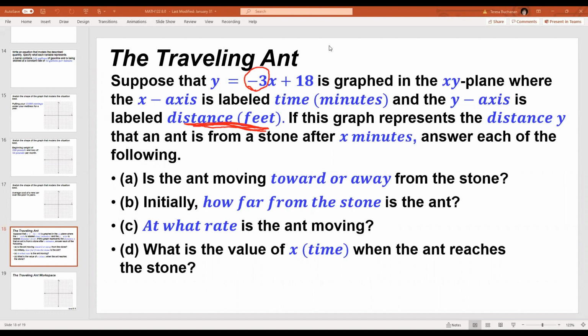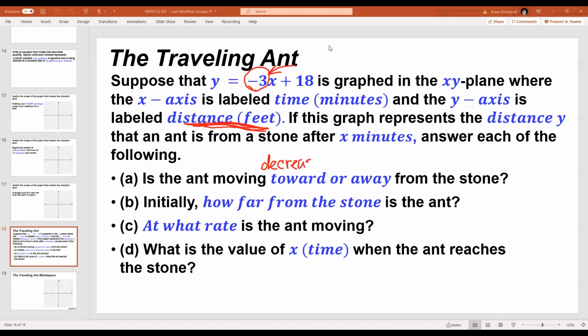Is the distance from the stone decreasing or increasing? Based on that slope, would you say that the ant's distance from the stone is decreasing or increasing? If it's decreasing, the ant is moving toward the stone, right?